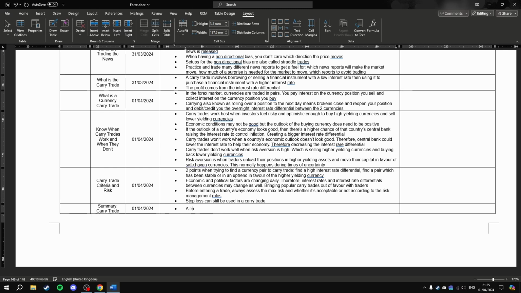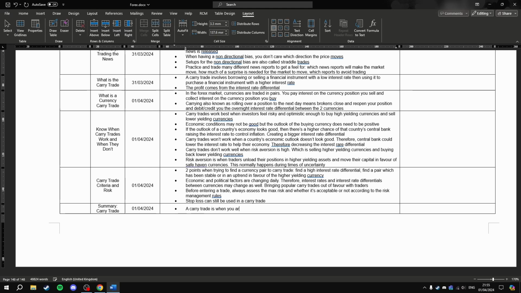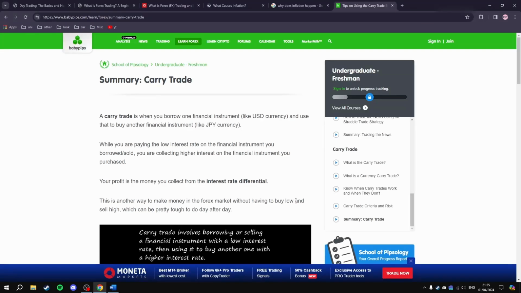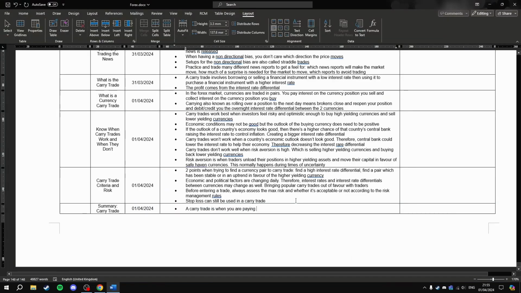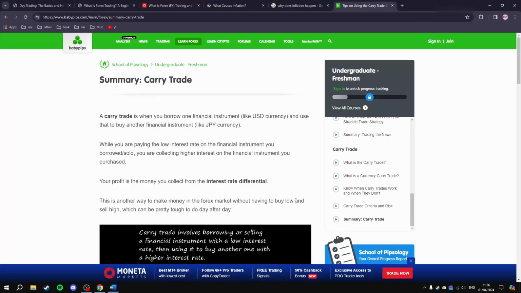So a carry trade is when you are paying the low interest rates on a financial instrument you borrowed/sold and collecting higher interest rates on a financial instrument you bought.